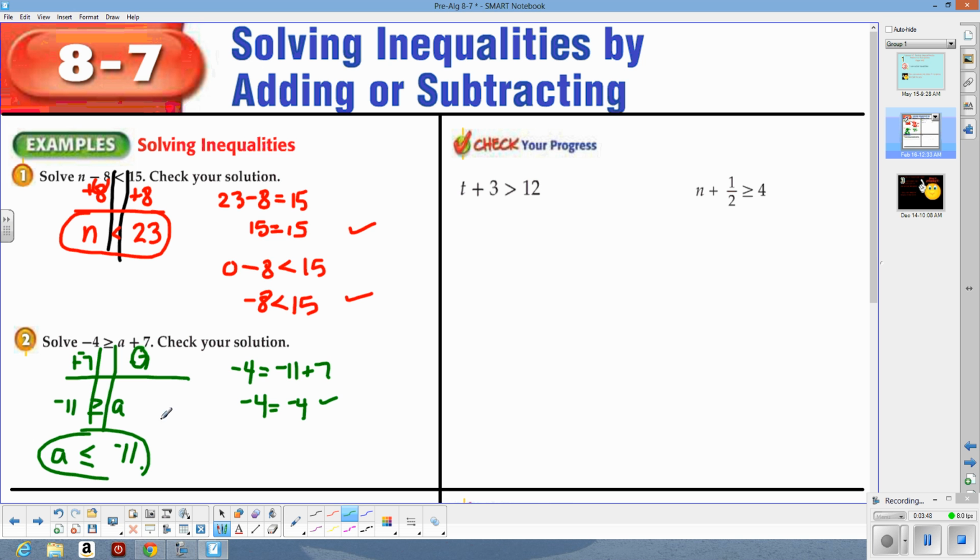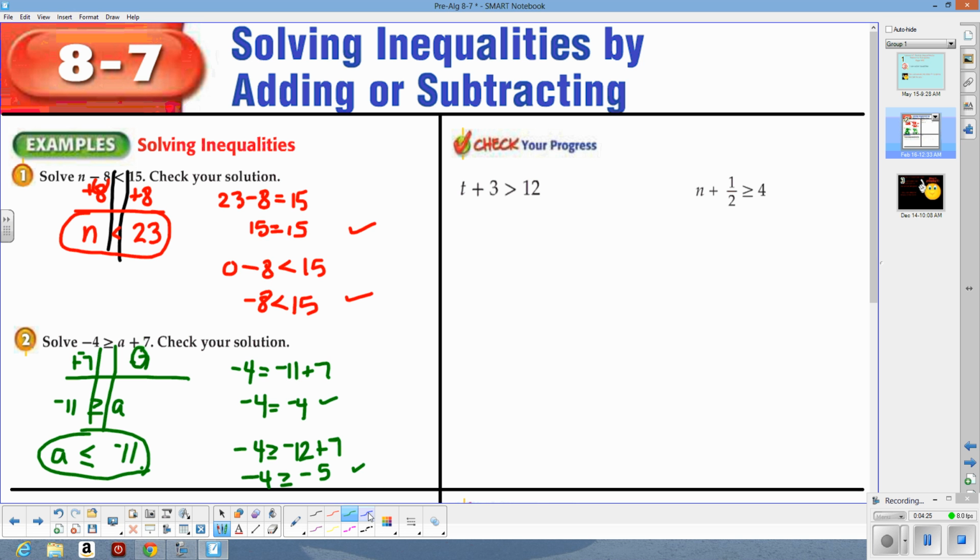If I plug in negative 12, I have negative 4 is greater than or equal to negative 12 plus 7. Well, negative 12 plus 7 is negative 5, and negative 4 is greater than or equal to negative 5. Remember, with negative numbers, it's the opposite of what you would think. Negative 4 is greater than negative 5. So that is true. Therefore, I know I have the correct answer when I say the numbers less than or equal to negative 11.